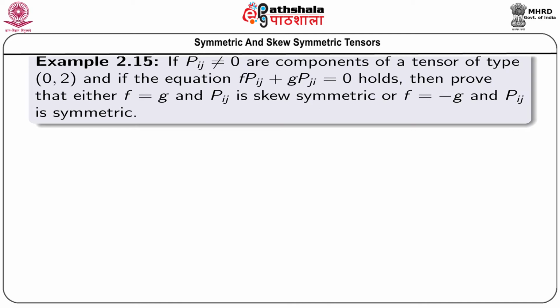Now, let us see an example. If Pij are the components of a non-zero tensor of type 0,2, and if the equation f Pij plus g Pji equals 0 occurs, then either f equals g and Pij is skew symmetric, or f equals minus g and Pij is symmetric.